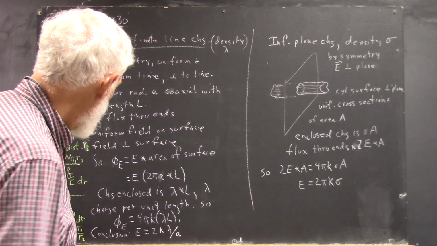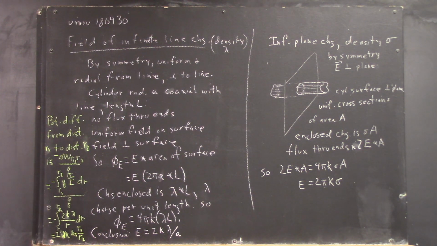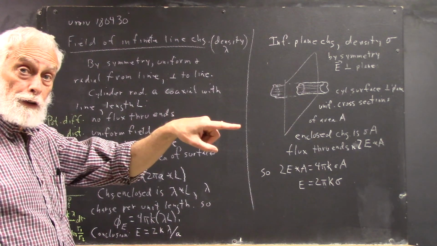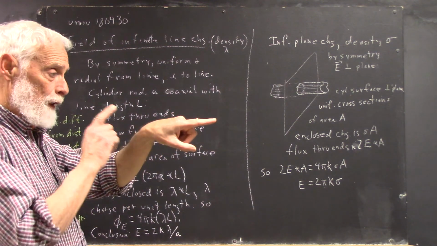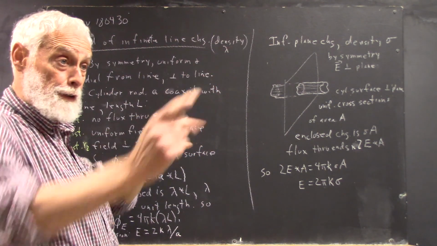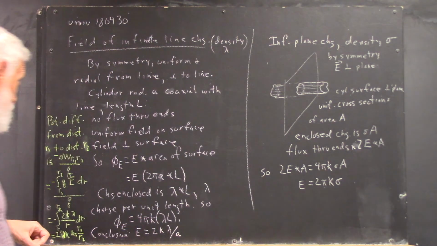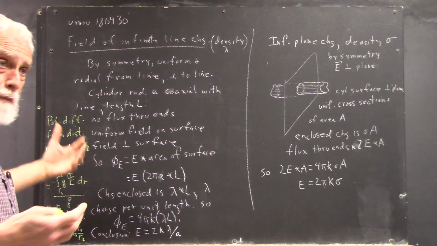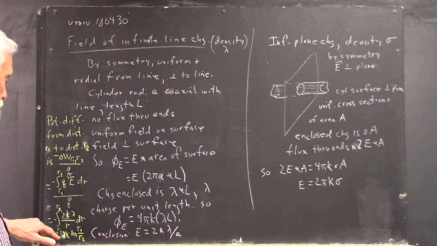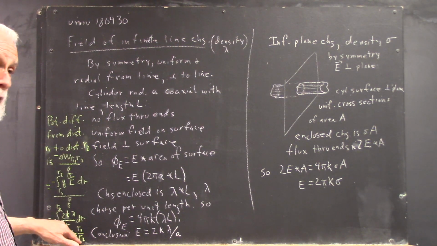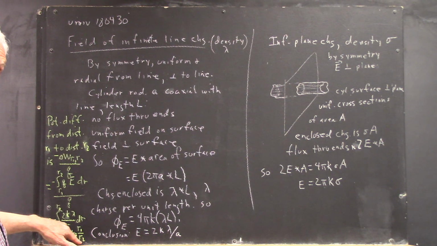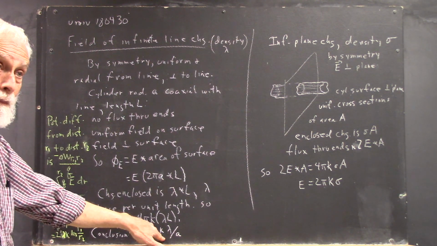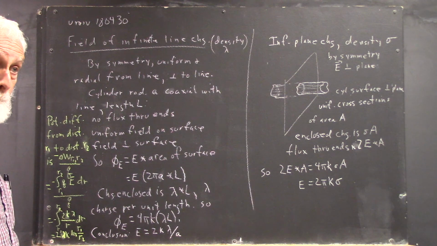Okay. So that's potential difference. Wherever you are in the vicinity of this line charge, if you go from this distance to this distance, change in potential, change in voltage, change in electrostatic potential is 2 lambda k times this natural log of this ratio. It comes directly from this and from the work integral.